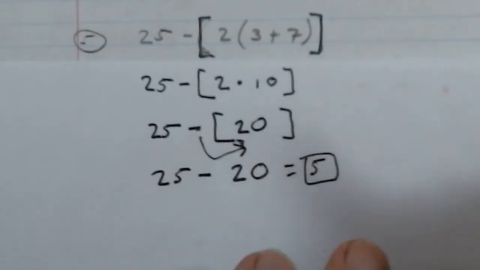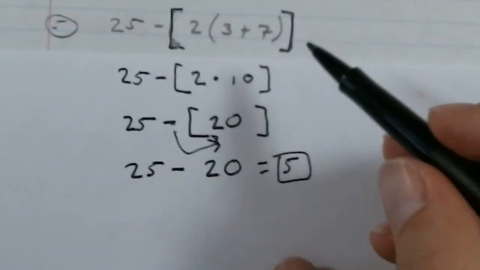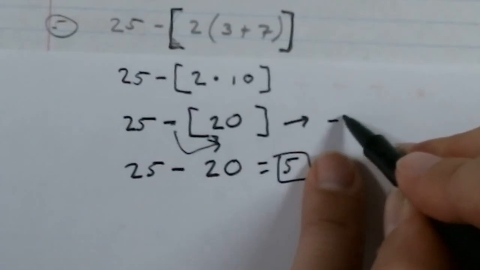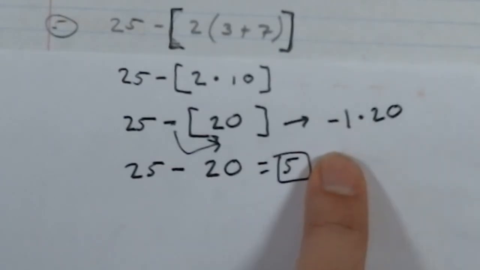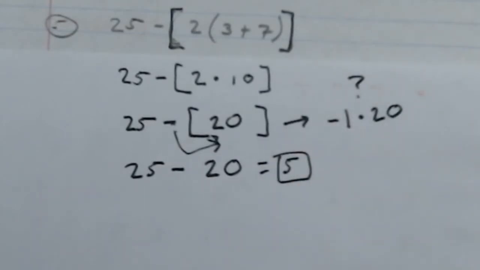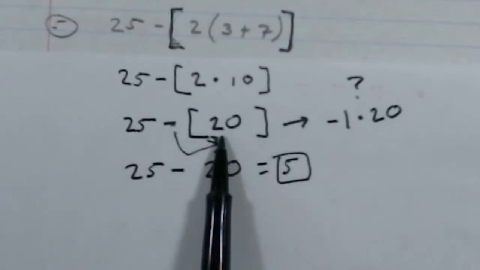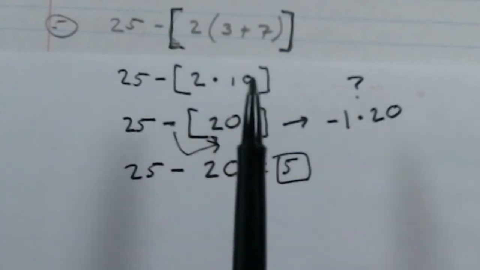Now you'd be like, well, I don't understand this still. A side note: what is negative 1 times 20? Well, that's negative 20. Really, this just means negative. And that's kind of what parentheses do.